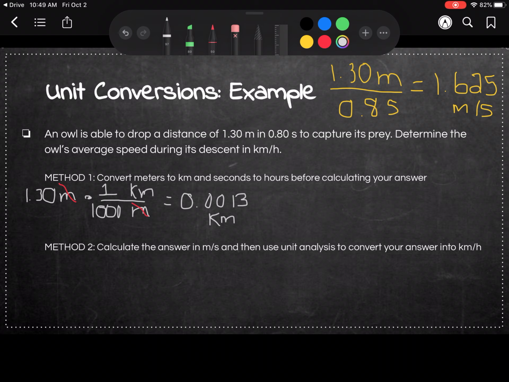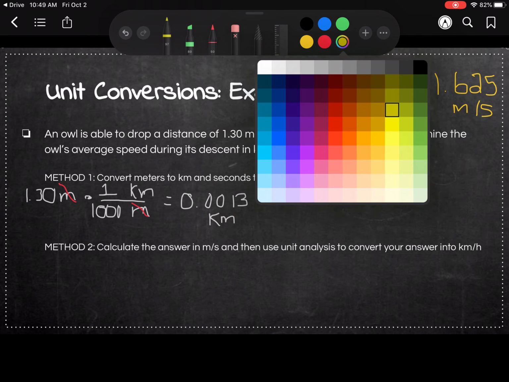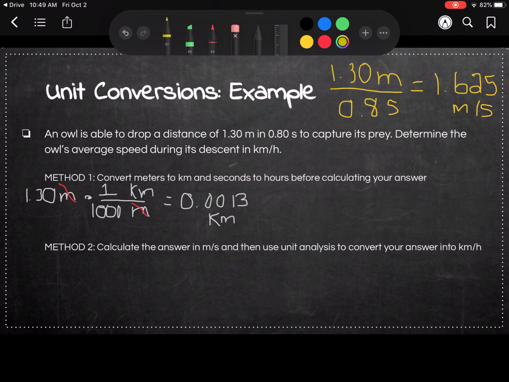And then next we are going to convert our seconds. So a conversion factor as well. Seconds is on the top, so we want it to be on the bottom. We're going to hours. In every hour, there's 3,600 seconds.